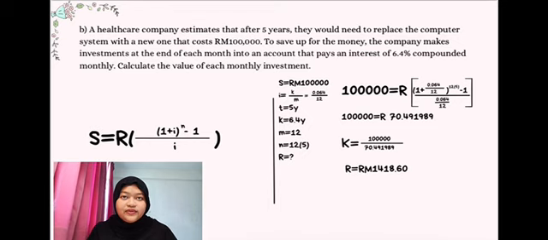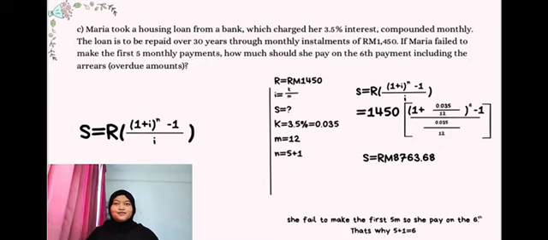The i value is 0.064 divided by 12, and the n value is 12 × 5. For B, the answer is R = 1,418 ringgit 60 cents.